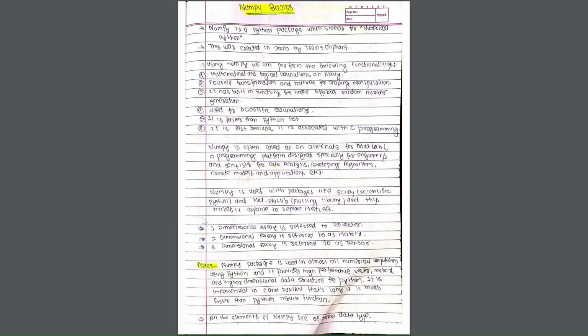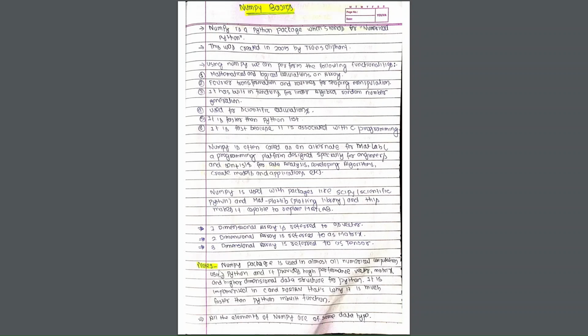Now in NumPy, a one-dimensional array is referred to as a vector, a two-dimensional array is referred to as a matrix, and a three-dimensional array is referred to as a tensor.